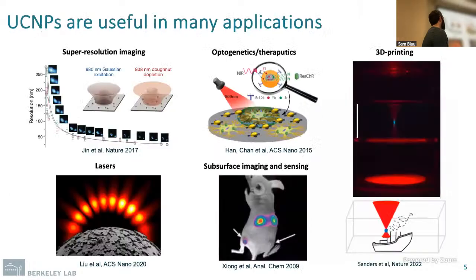And these types of particles have a bunch of applications in super resolution imaging, lasers, optogenetics and therapeutics, subsurface imaging and sensing, 3D printing, all sorts of places where you want to use one wavelength of light that passes through some medium and then locally deliver higher energy light at the site of your nanoparticle.